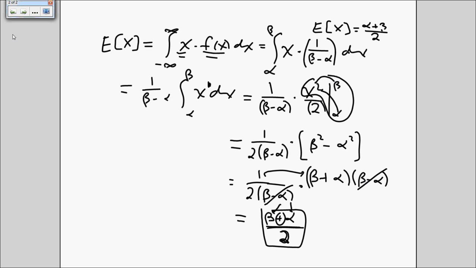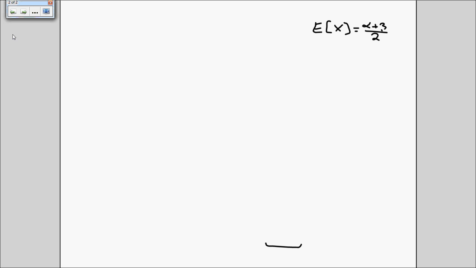Now we have the expected value. We want to find the variance. And usually when you have the expected value, the way you find the variance is to calculate E of x squared.